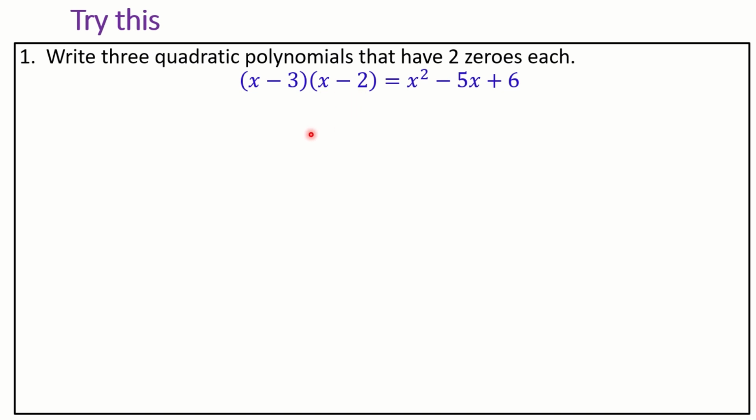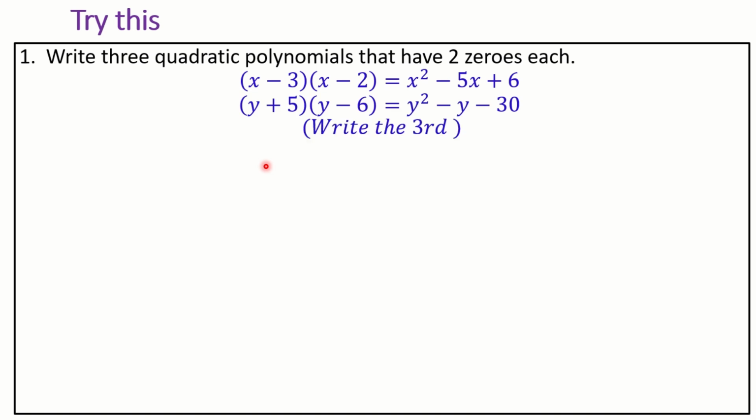So I took 2 and 3 as the zeros and then I built a quadratic equation like this, x minus 3 into x minus 2. So this is the quadratic equation which will have two zeros, that is 3 and 2. You can build the other equations similarly.